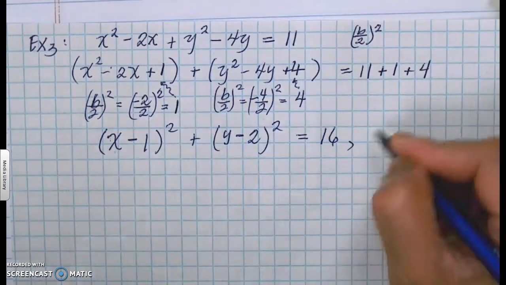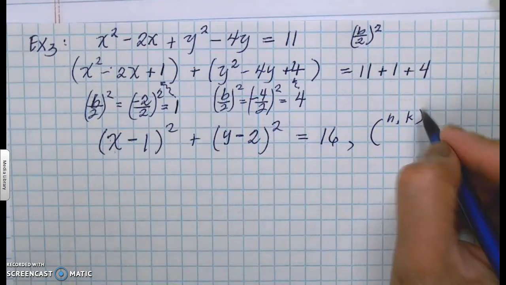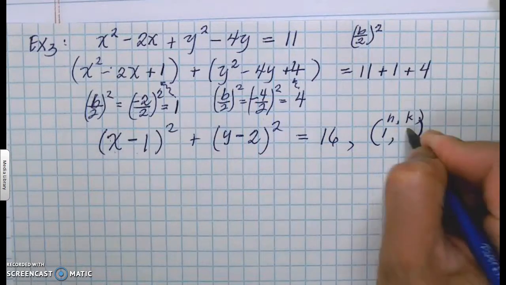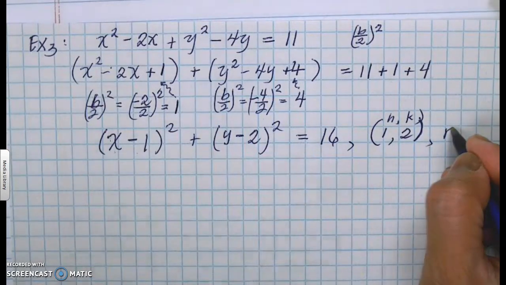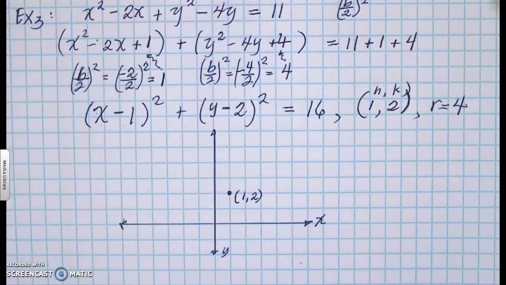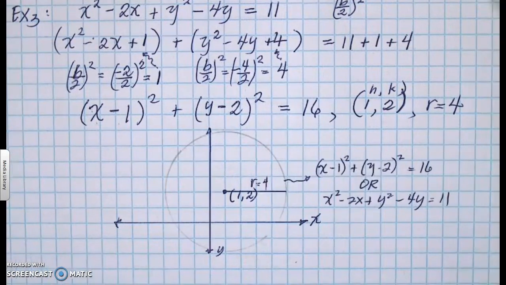Therefore, my center is h, k, which is 1, 2, and my radius is 4. Okay guys, so this has a center of 1, 2, and a radius of 4. The final product, including the graph, is here. The equations are these. These two are equivalent.